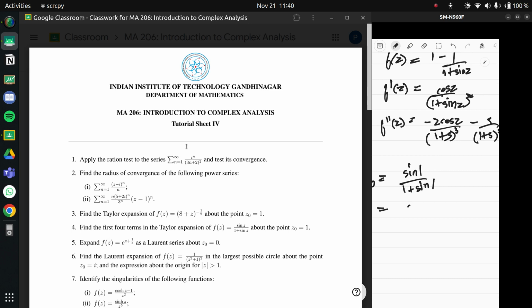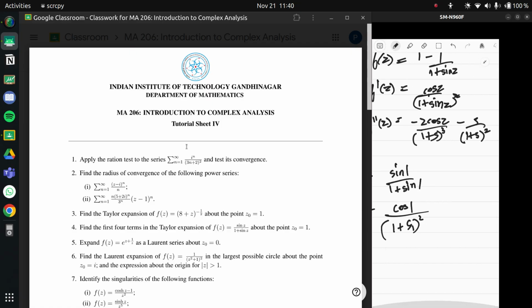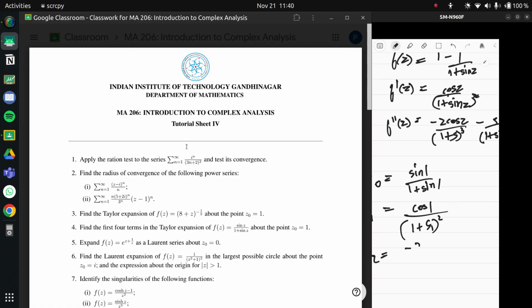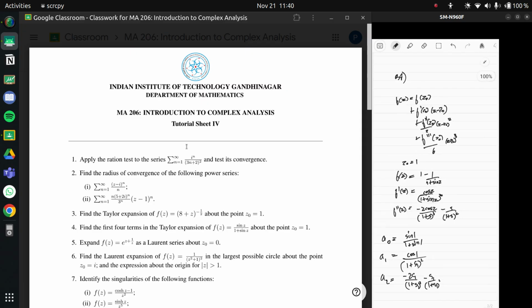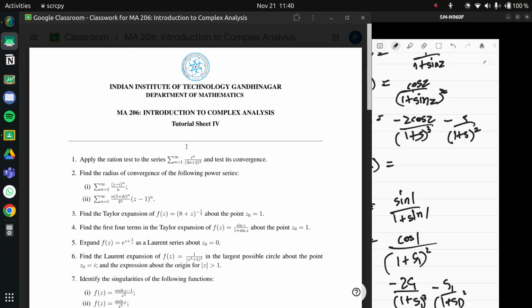It's going to be cosine 1 upon (1 plus sine 1) squared. Your a sub 2 will similarly come from a derivative, so minus 2 cosine 1 upon (1 plus sine 1) cubed minus sine 1 upon (1 plus sine 1) squared. And then you get f triple dash as well. That's going to be, taking a derivative of this thing, minus (1 plus 2 sine) upon the sine cube.